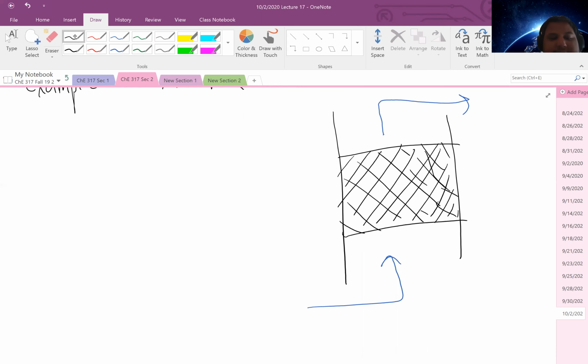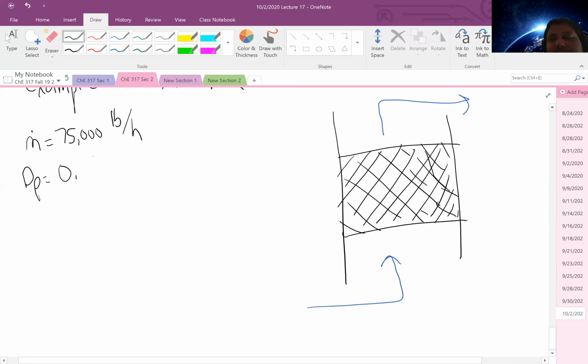What was given in the problem? We know our mass flow rate is 75,000 pounds per hour. We know the diameter of the particles is 0.2 inches, which, if I put that into feet, because it will be more useful, I get a very small number, 0.0167 feet.